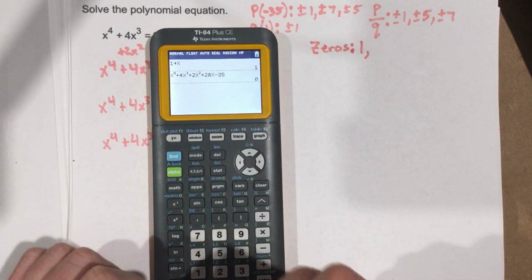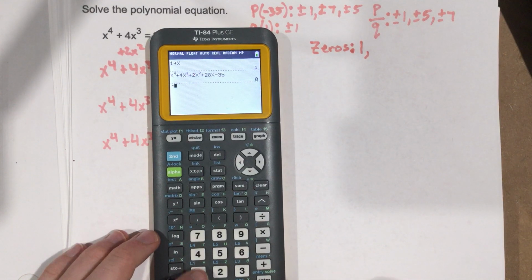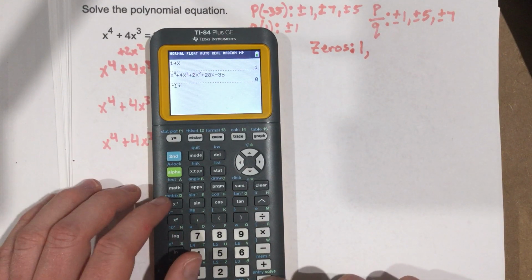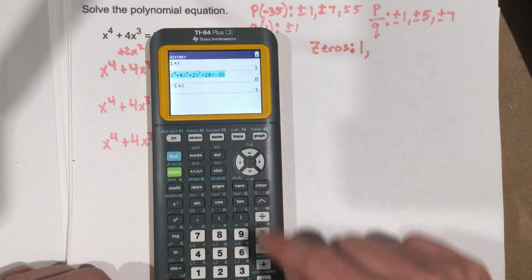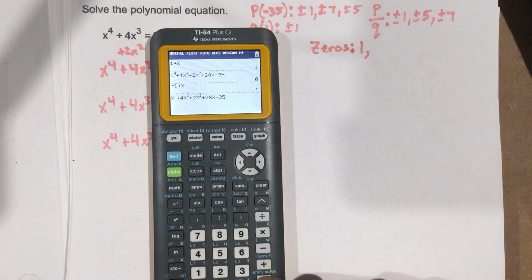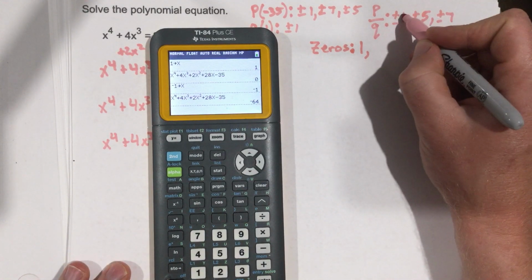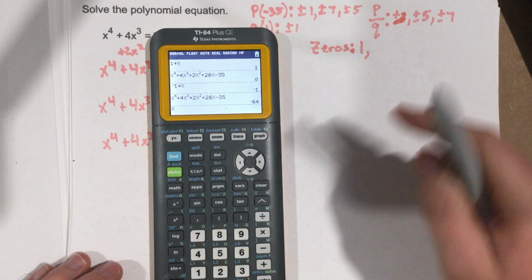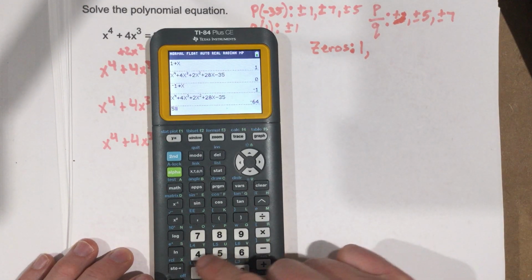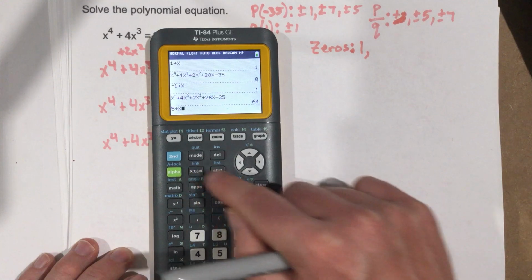So now I'm going to try negative 1. So negative 1 stored as x, and go up and grab that equation. Hit enter. Okay, negative 1 does not work. So I'm going to cross out negative 1. Now we're going to do positive 5. So 5 stored as x.